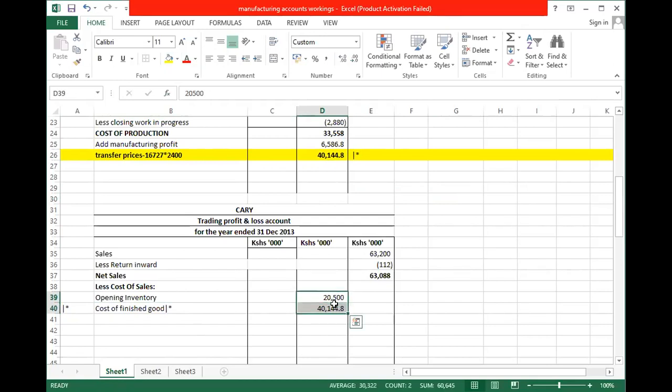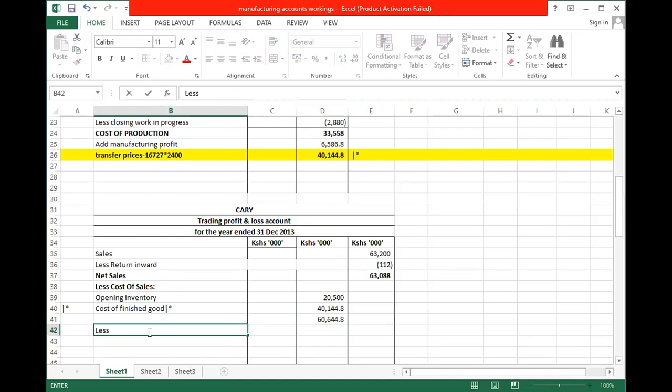So if we add these two, what do you get? You will get 16,644.8. From there, then you less what? Closing stock. Have I lost you people? Are you still here?